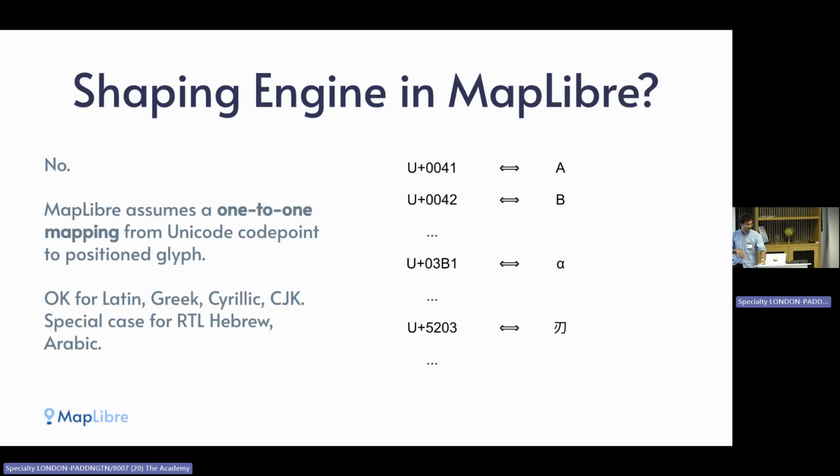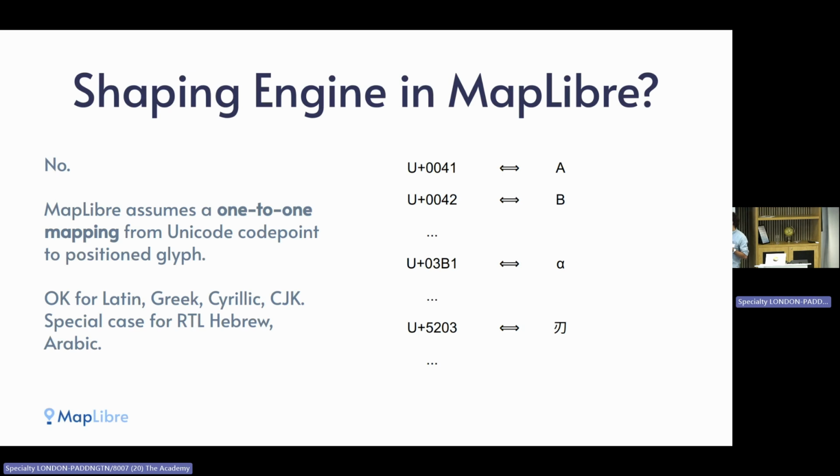Your question is probably, does MapLibre use a shaping engine? And the answer is actually no. MapLibre, or at the time the Mapbox engineers, made the simplification of saying we just say every code point maps to one glyph. That works reasonably well, for example, for Latin characters. Greek alpha, it still works.